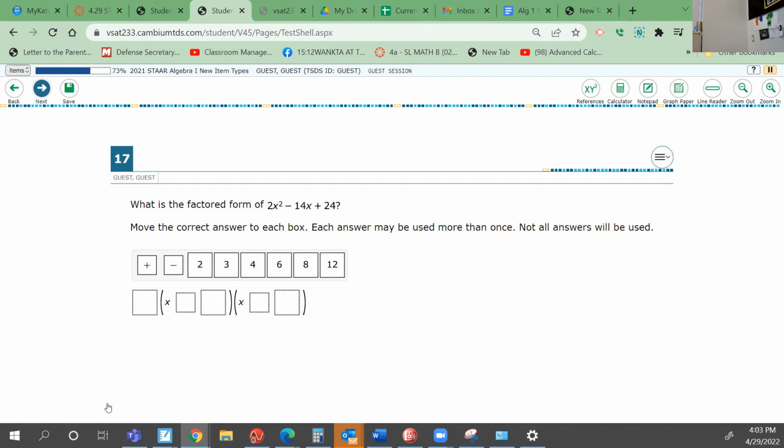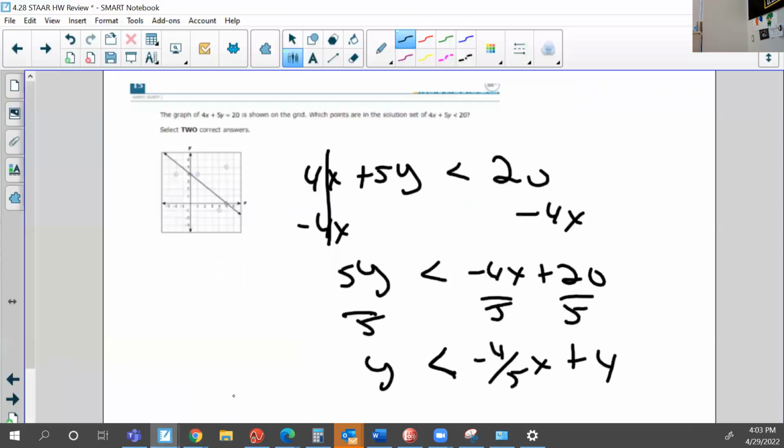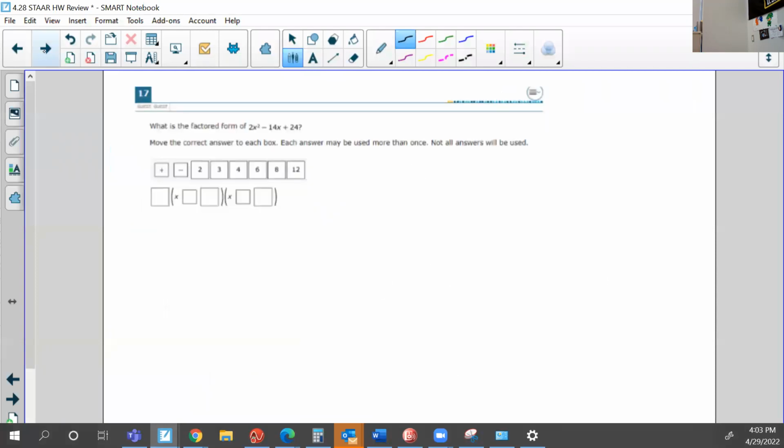Okay, this one's got to be tricky. I made a mistake on this one, and it's just a bad habit with factoring. Let me go over here and see what I'm talking about. So we factor this. If you're not sure how to factor this, you can graph it and see what the factors are, or you can use the box method.